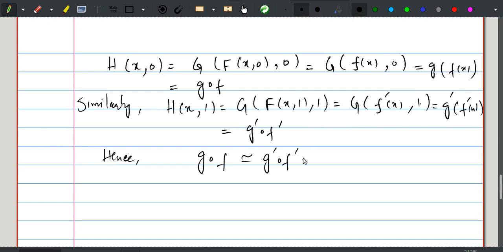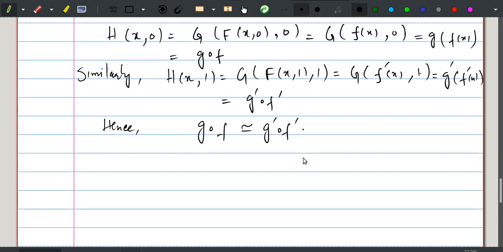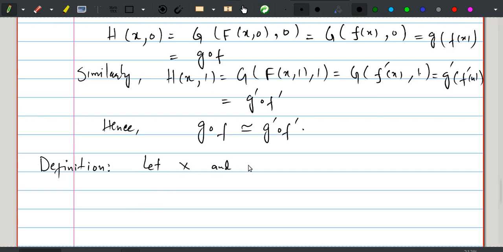Now let us move to another definition, which is homotopy equivalence. Definition. Let us consider two topological spaces X and Y. Let X and Y be topological spaces.